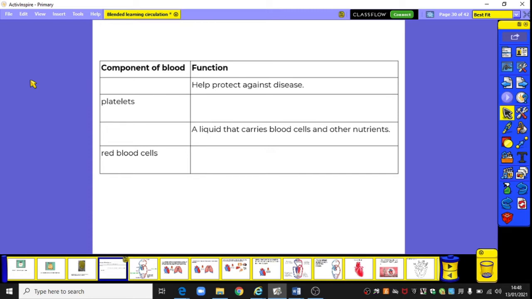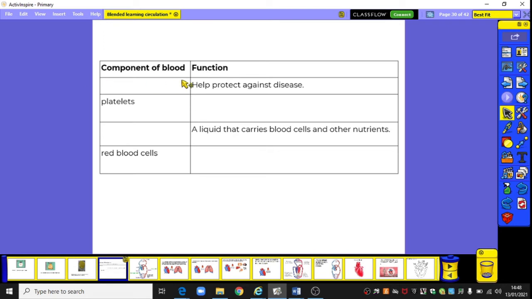Okay, now your next job is quite a straightforward one. Where there is a missing gap in the table is where you will need to fill in some information. This side you will need to put in a component of blood: white blood cells, red blood cells, platelets or plasma.